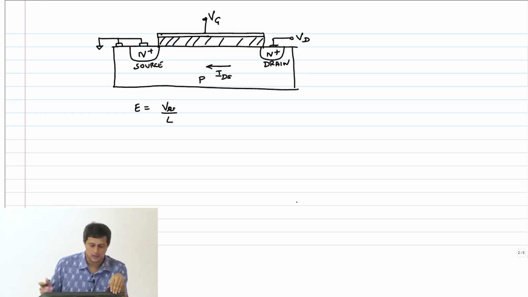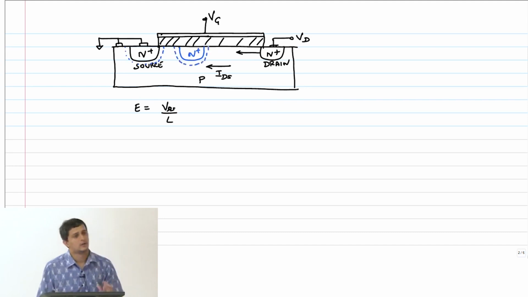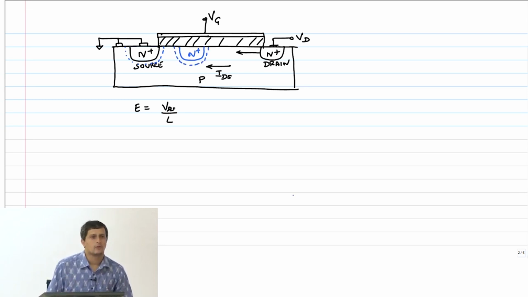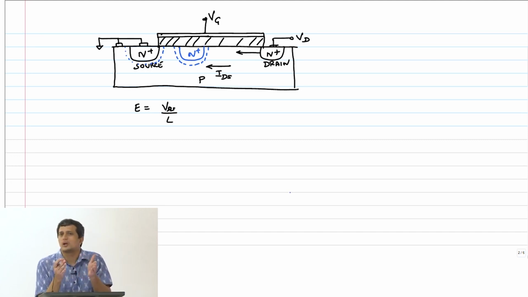Now what happens is, when you start bringing this drain very close and shrinking this transistor, of course now we have the problem of these depletion regions eating into the channel and all that. Apart from that, when we brought this drain very close to the source, I cannot continue to apply the same maximum drain voltage that I would have applied for a long channel device.